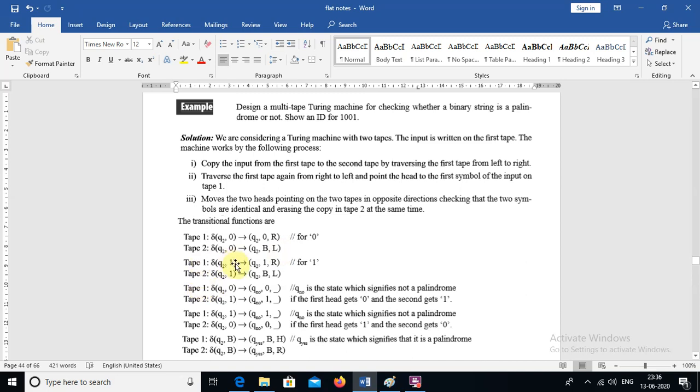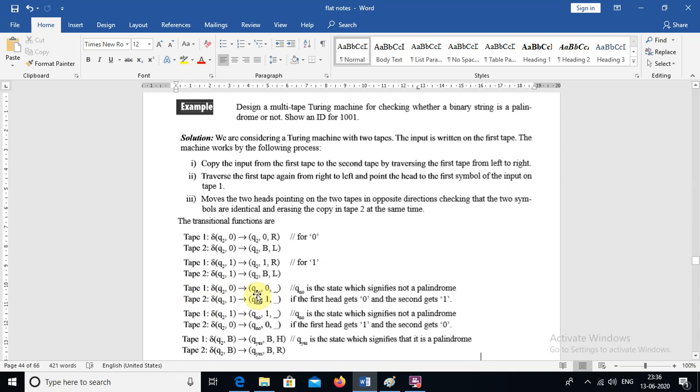And in tape 1, if you find 1, you can replace it with a 1 and move to the right. In Q2, if you find 1, you can replace it with a blank and move to the left. So this is for reading 0 and reading 1 from tape 1 and tape 2. Okay, but when it comes to checking palindrome or not, if you are at the Q2 state, you have a 0, so you can move it to Q no.